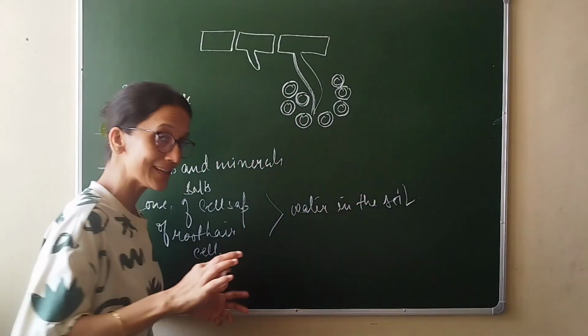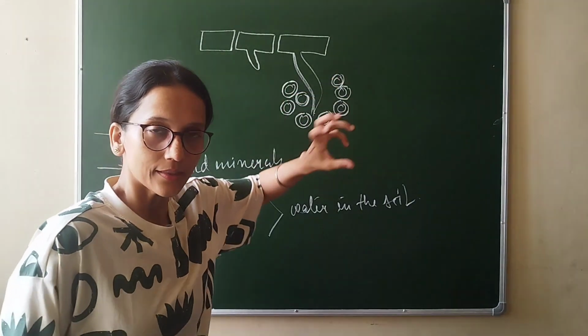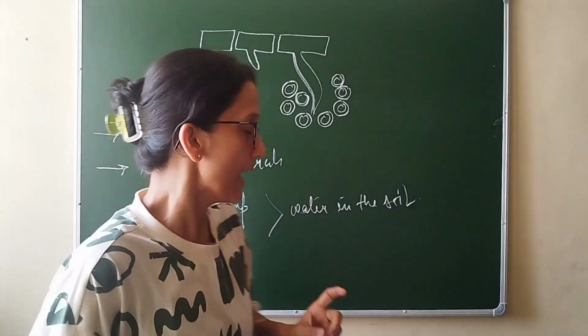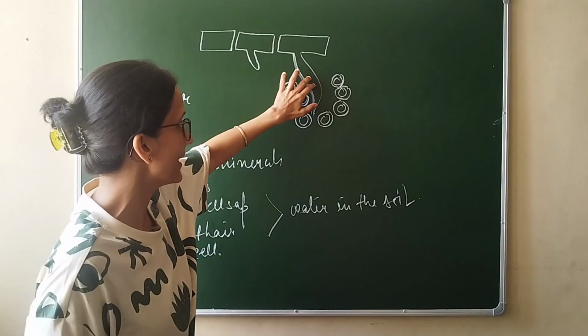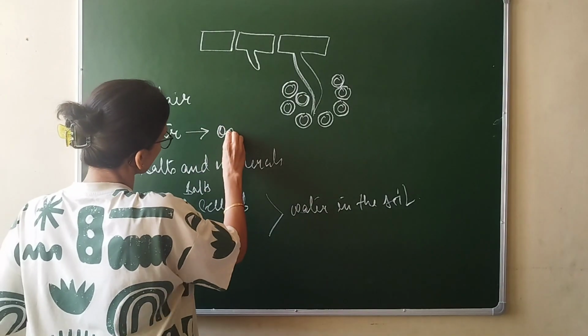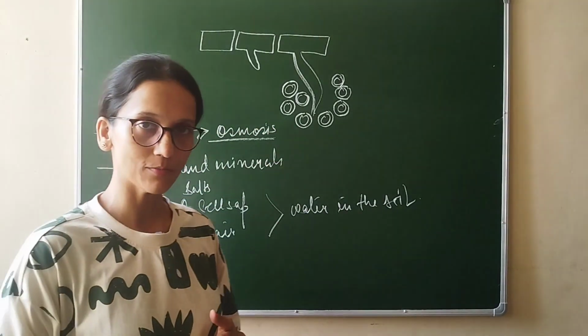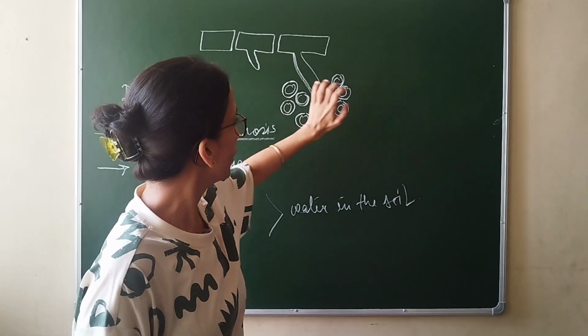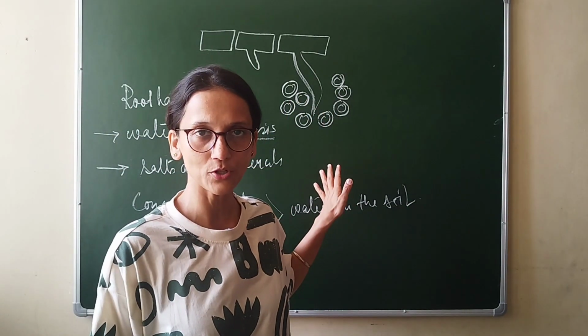So can I indirectly say that inside the vacuole of the root hair cell, the concentration of water is less compared to that in the soil? As a result, the root hair cell will absorb water from the soil by the process of osmosis. Basic osmosis: there will be movement of water molecules from higher gradient to lower gradient across a semi-permeable membrane. So the process is osmosis here.